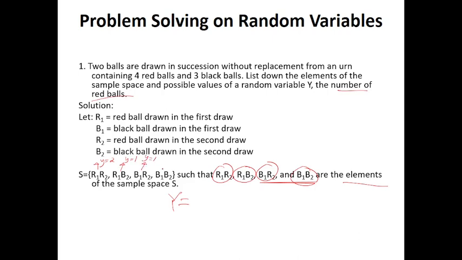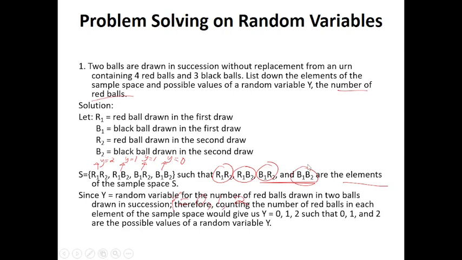One red ball here. The value of y, 0 red balls. Therefore, 0, 1, and 2 are the possible values of our random variable. That's it. That's the answer.